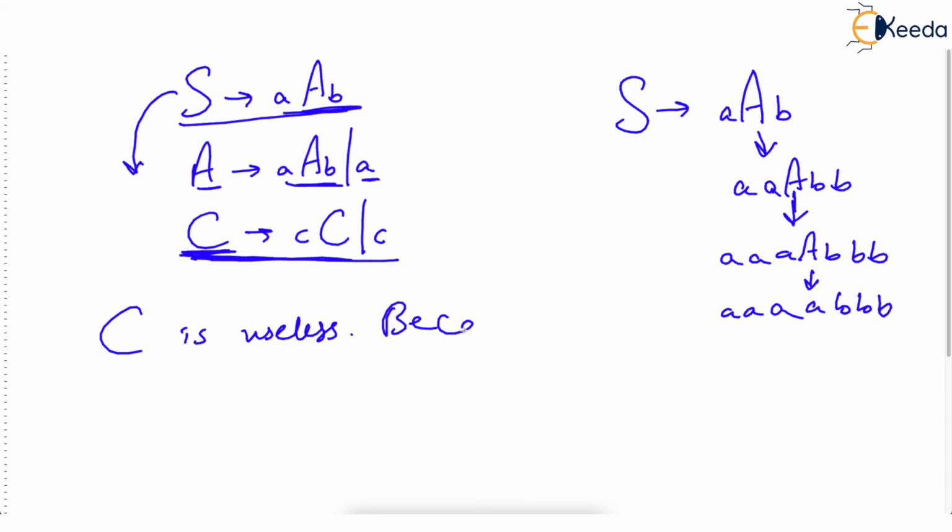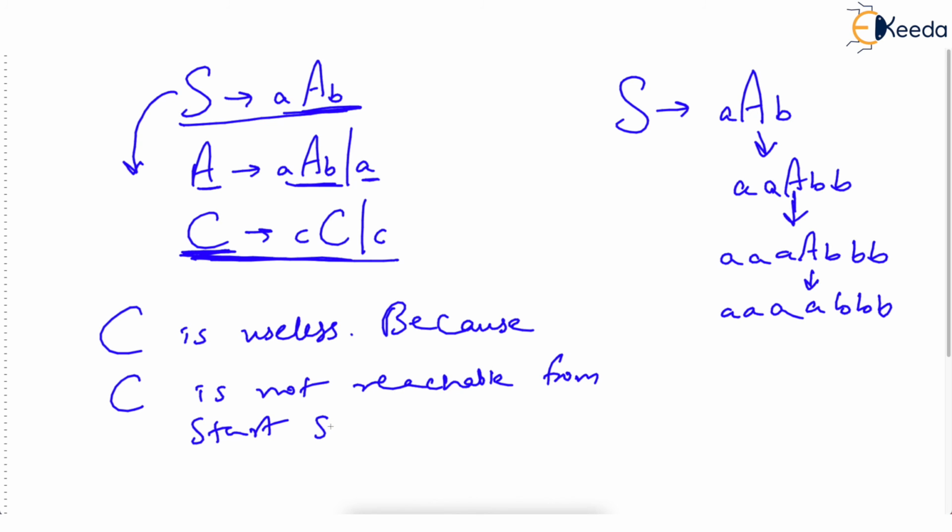Because C is not reachable from the start symbol. It will never occur in any derivation. So simply delete C. By deleting C, we mean delete all the productions for C, and if C occurs anywhere on the right hand side, you remove that right hand side also from the production.